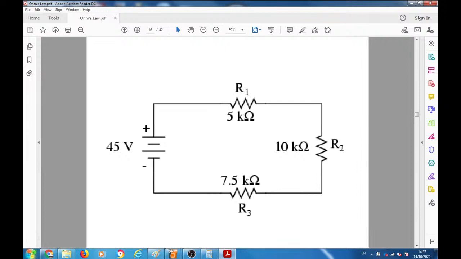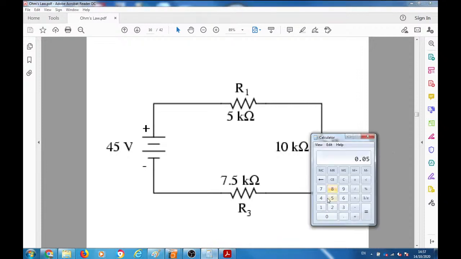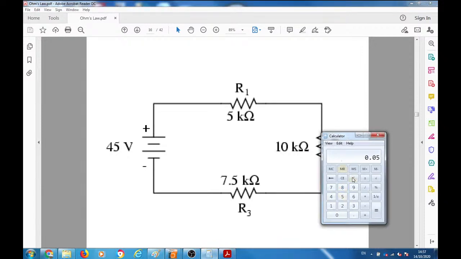So let's quickly go through this all. We've got 22.5 K. Let's get the calculator back up again. Let me just click on C. So we can go through this.